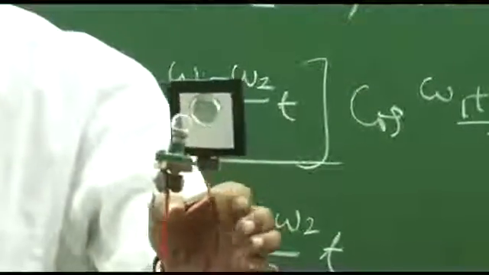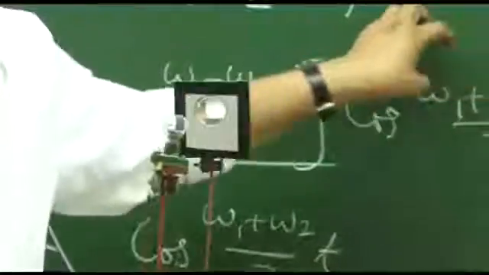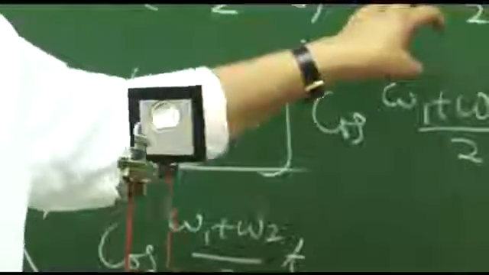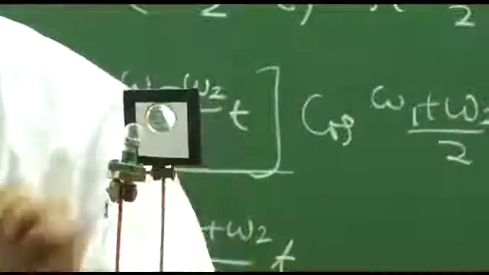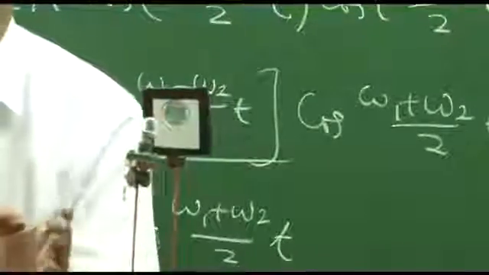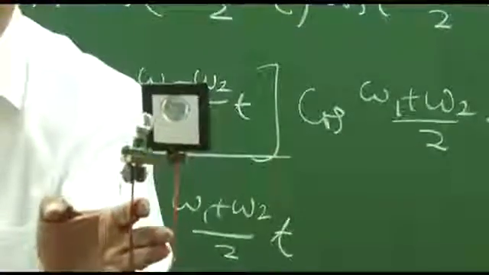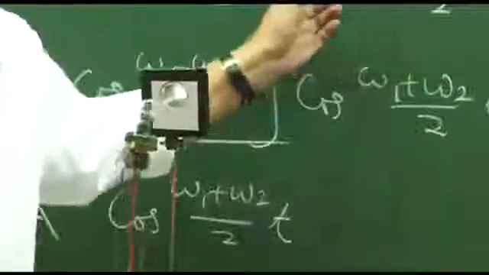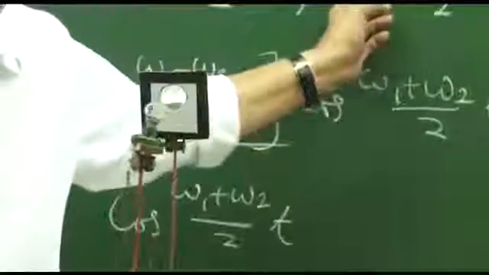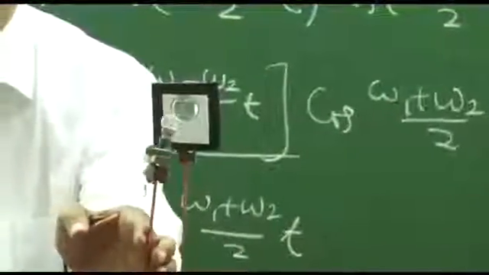And if I oscillate this lens, the image will oscillate and the frequency will be the same as the frequency of this lens. Whereas, if I oscillate this bulb, then also the image will oscillate, but this time it will have the frequency of the bulb oscillations.